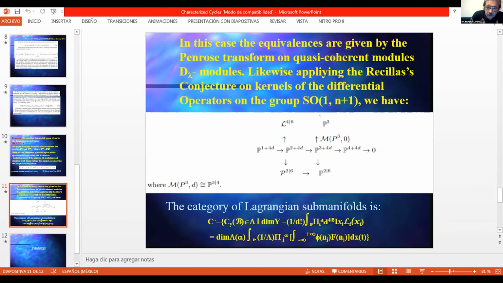The classical level, the next level given by the exact sequence of different superprojective spaces, and this level in super twistor projective spaces. And this is the classical moduli space given by this superprojective space.